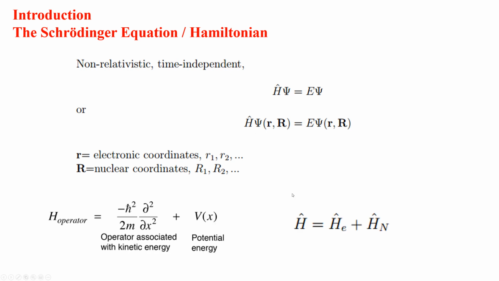I will focus here on the Hamiltonian, which is equal to the electronic Hamiltonian plus the nuclear Hamiltonian. As you see here, the first term represents the kinetic energy and the second term represents the potential energy. The kinetic energy in classical mechanics is half mv squared, where the momentum equals mv.